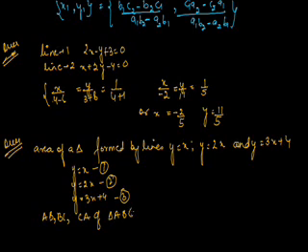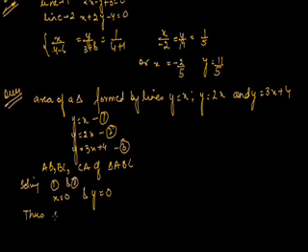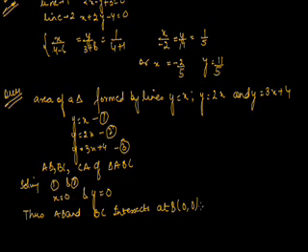Solving the first two, that is equations 1 and 2, we obtain x equals 0 and y equals 0. This means AB and BC intersect at B (0, 0).